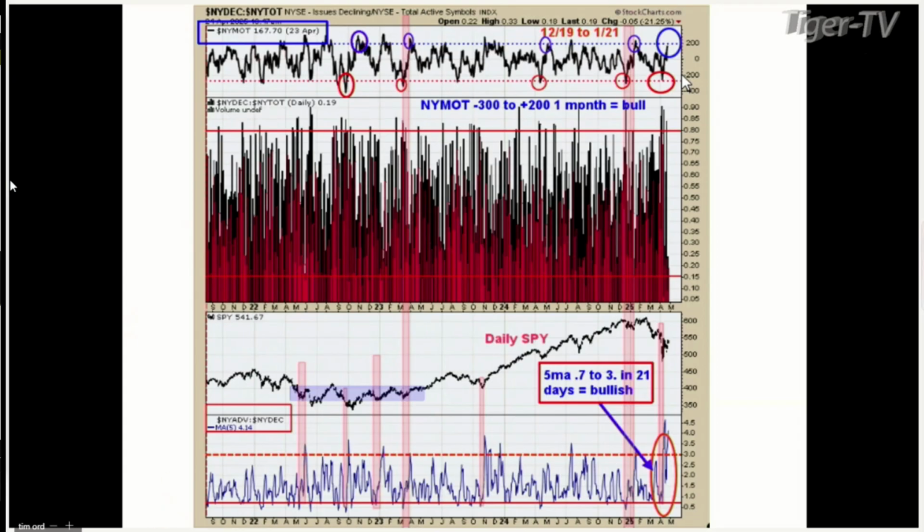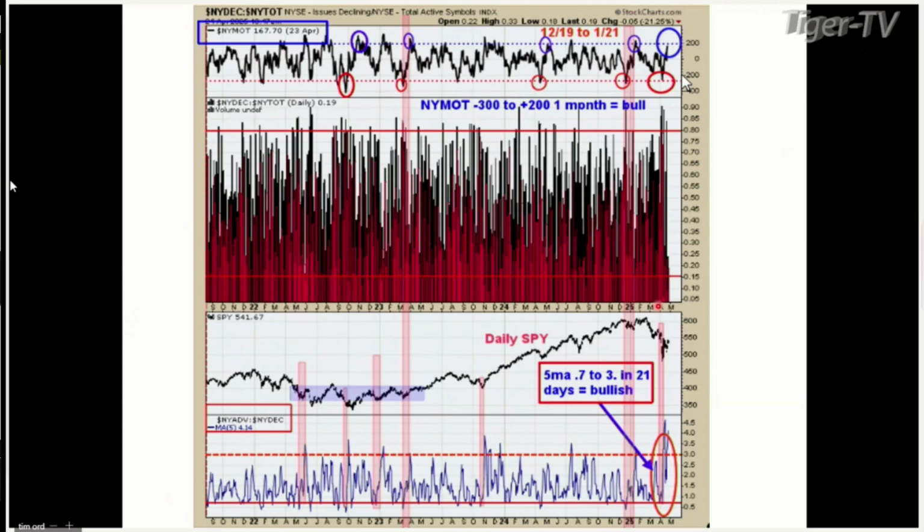So anyhow, we basically hit minus 200 here a couple of weeks ago, and it's almost at plus 200 right now. We're actually at 1.66, and this is yesterday's reading. So we may push up probably to plus 300 or plus 200 this week. So it went from basically minus 300 to plus 200 within 30 days.